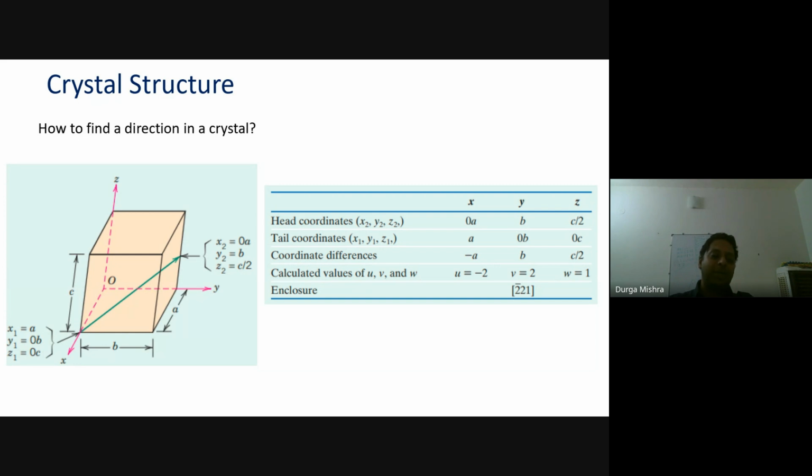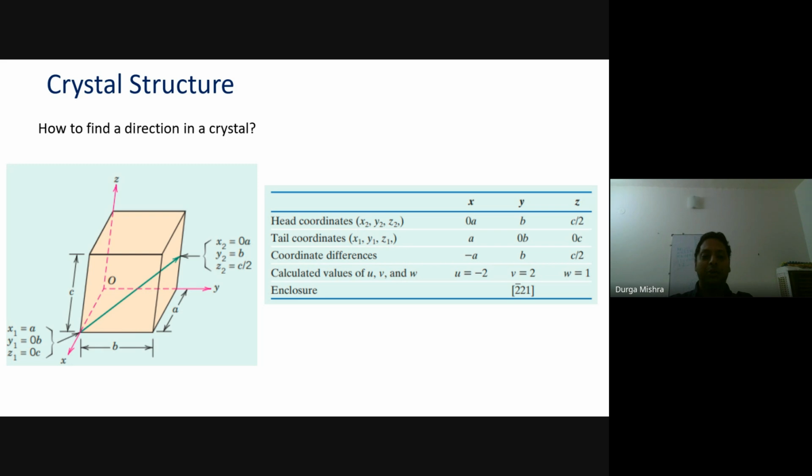What are the x, y, z coordinates of the tail? So x1 is a, because we are going by a distance a here. y1 is 0 because along the y axis there is no value, and also along z it is 0. So the coordinate of the tail is a, 0 into b, 0 into c.